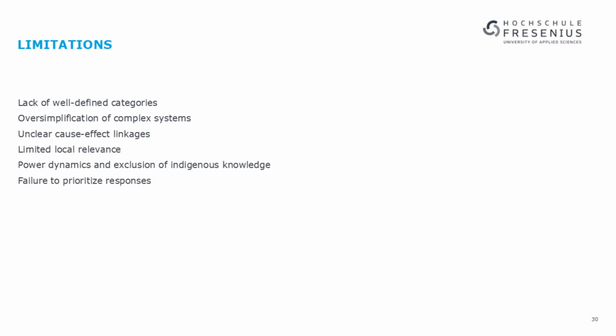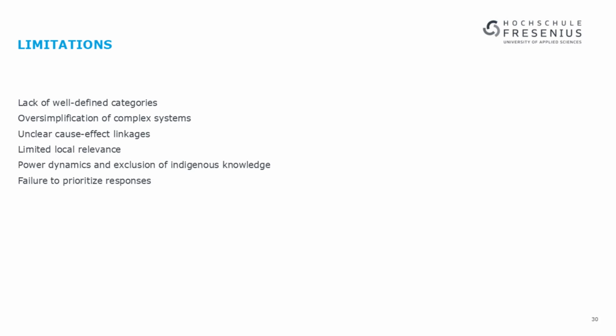Because DPSIR was originally conceived as a conceptual tool, the framework does not encourage the inclusion of locally specific attributes. This can lead to a disconnect between analyses and actual local conditions, resulting in ineffective or misdirected sustainability efforts. The DPSIR framework does not explicitly address the relationships between developers and developing communities.